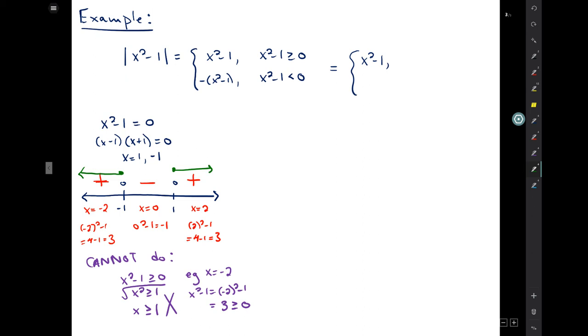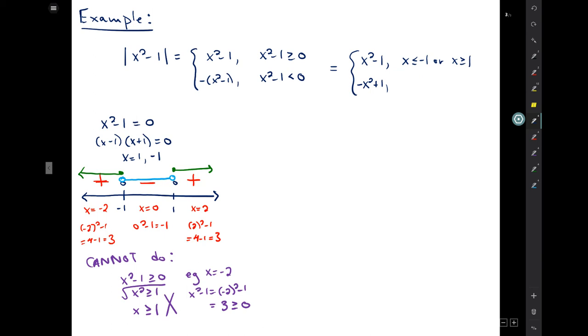So that turns into, let's write it in inequality notation, x could be less than or equal to minus 1, or x could be greater than or equal to 1, and I have to use minus x squared plus 1 anytime I'm between minus 1 and 1, because that is where I need an open circle, because I don't want to include 0.